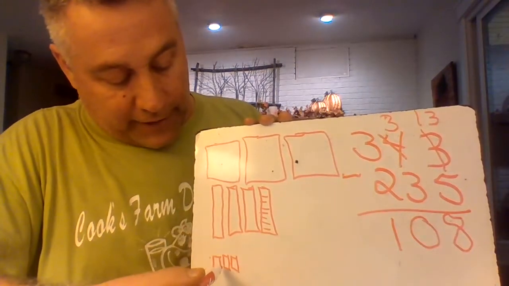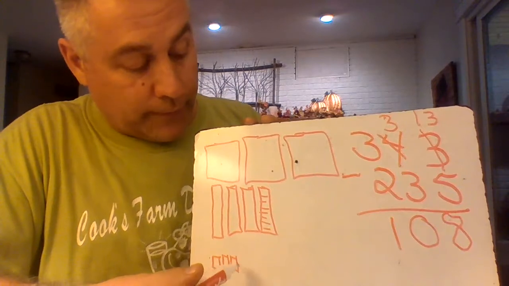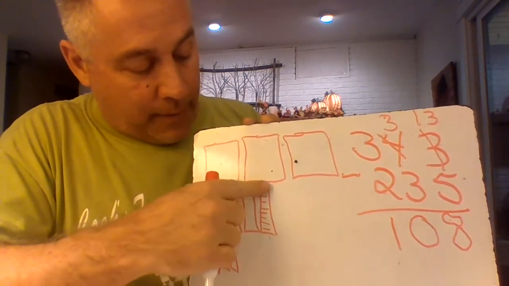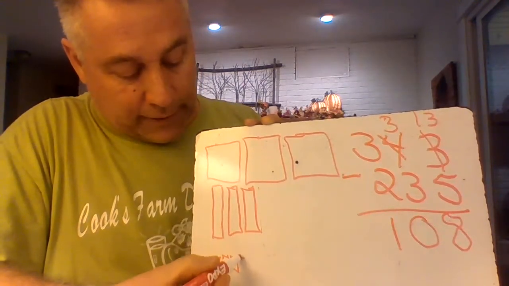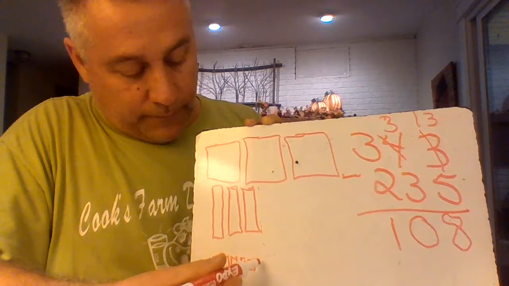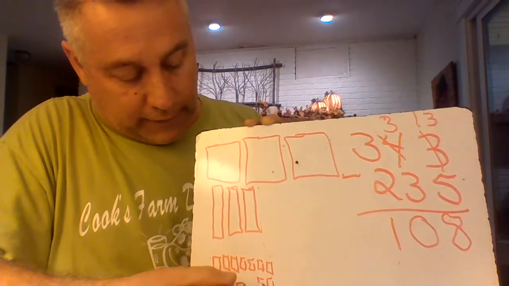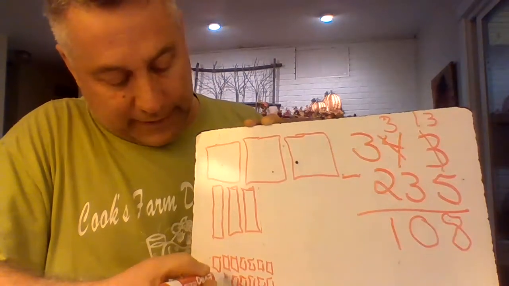Well, look at that. I can't take 5 away from here. There's only 3 of them there. So now watch what I'm going to do. I'm going to take this one, and I'm going to break him up into his 10 individual pieces. 1, 2, 3, 4, 5, 6, 7, 8, 9, 10.